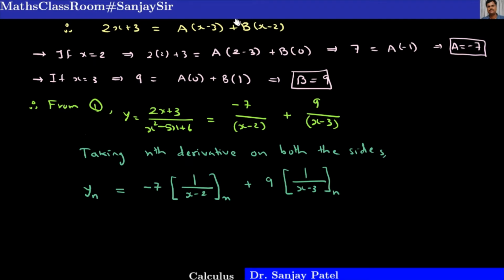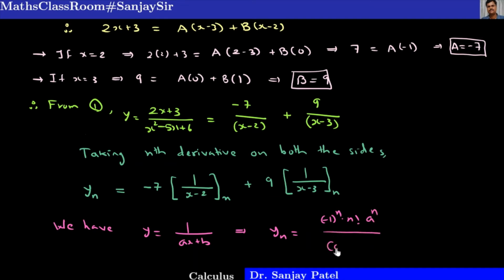Now let us recall the formula that we have derived. If y is equal to 1/(ax + b), then its nth derivative yn is given by (-1)^n n! a^n/(ax + b)^(n+1).